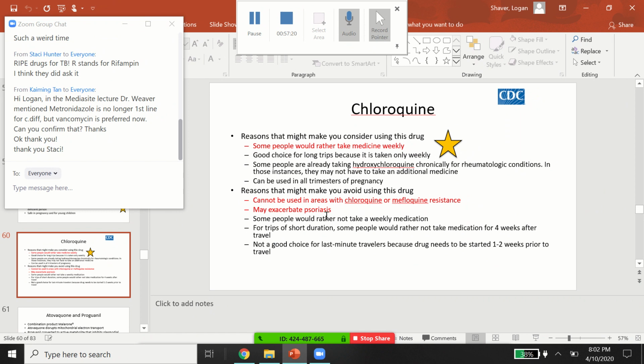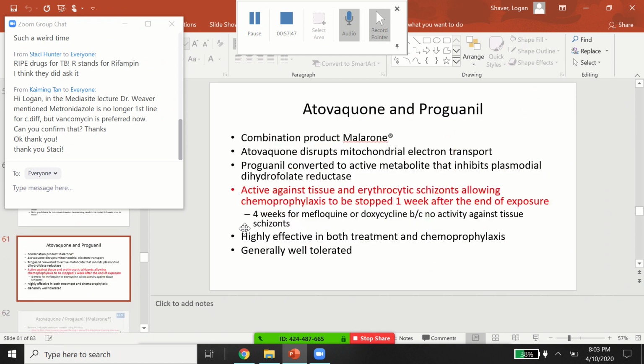The reasons that you might avoid using this drug is it can't be used in areas, of course, with chloroquine or even mefloquine resistance. And also that it may exacerbate psoriasis. So if you had somebody that came in with dry skin patches or whatever, then you obviously don't want to give them chloroquine because that could mean that they have psoriasis and therefore you don't want to give them something that's going to make it worse.